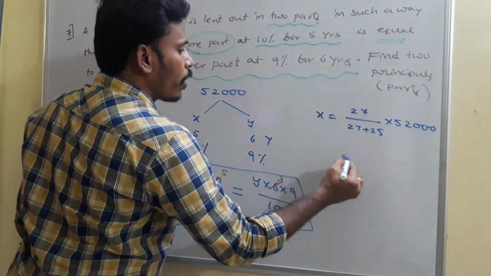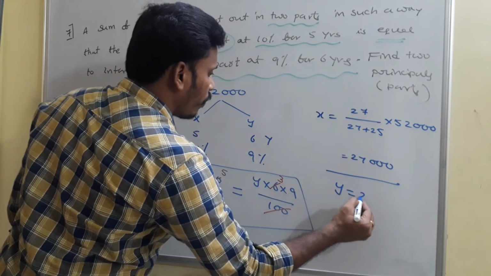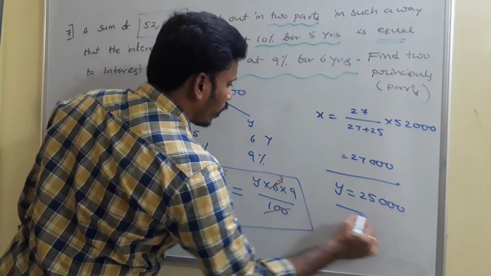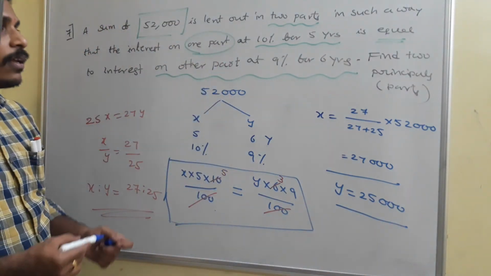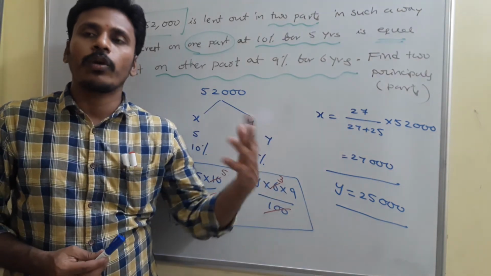On cancellation you will get x equals 27,000, and in the same way y equals 25,000. So the two principal amounts are 27,000 and 25,000.